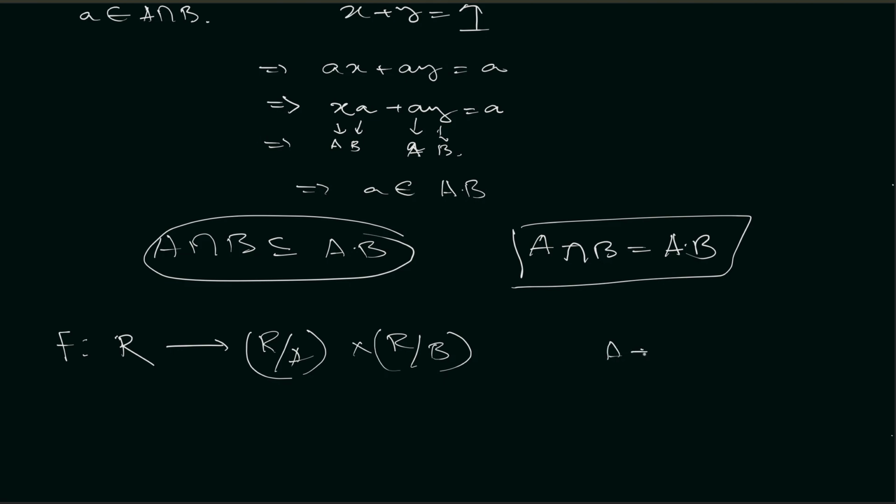That means that A plus B is equal to R. This is my co-maximal ideal, right?